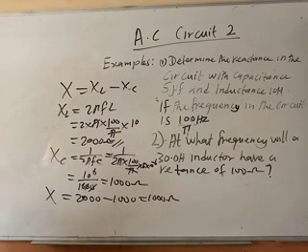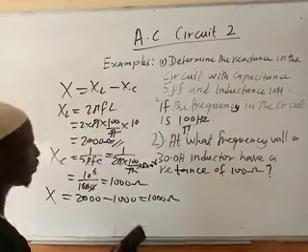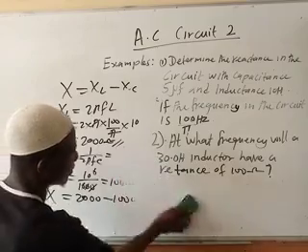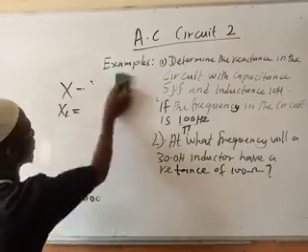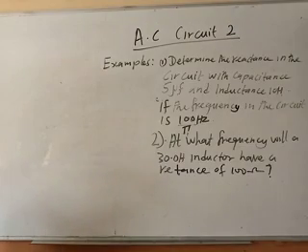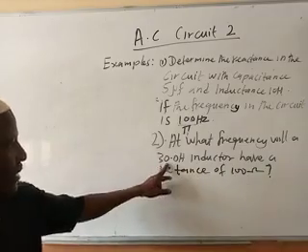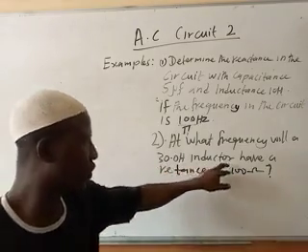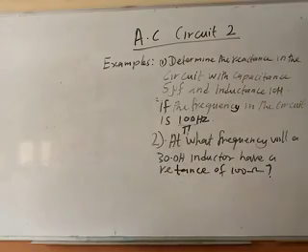Then the next question says, at what frequency will a 30 Henry inductor have a reactance of 100 ohm? At what frequency?